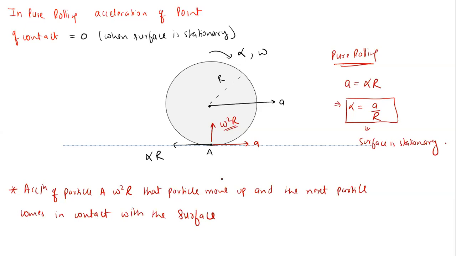It means the friction force is acting, and that friction force is static friction, because static friction comes into play when there is no relative motion between the two bodies. I'll tell you that point also. Just for now, you copy this. It is the friction only which is responsible for rolling the body.